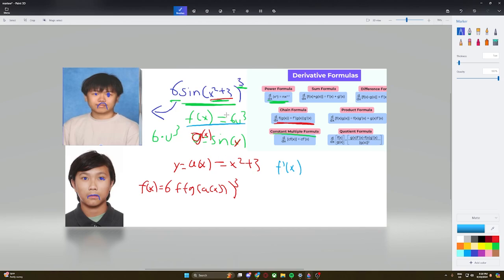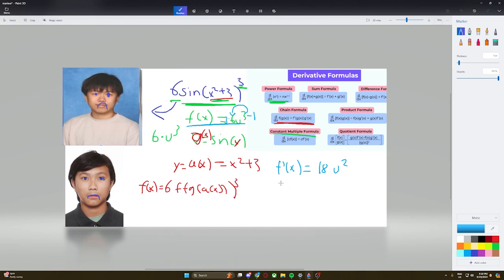So look at this. The 3 from here goes here times 3 and then minus 1. So then we get 18 u squared, right? Sub in, and then we're going to sub in u for g of x or whatever for sin.